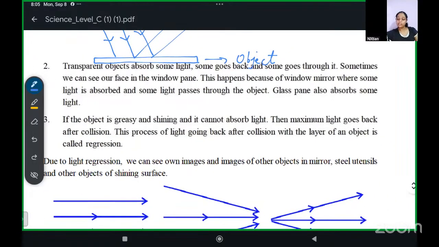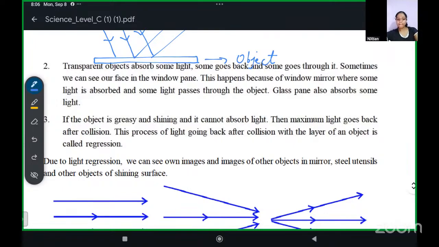Now, transparent objects absorb some light, some goes back and some goes through it. Sometimes we can see our face in a window pane. This happens because of the mirror effect of the window, where some light is absorbed and some light passes through the object. The glass pane also absorbs sunlight.